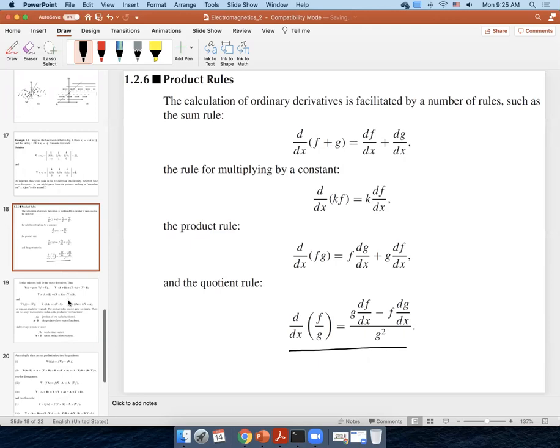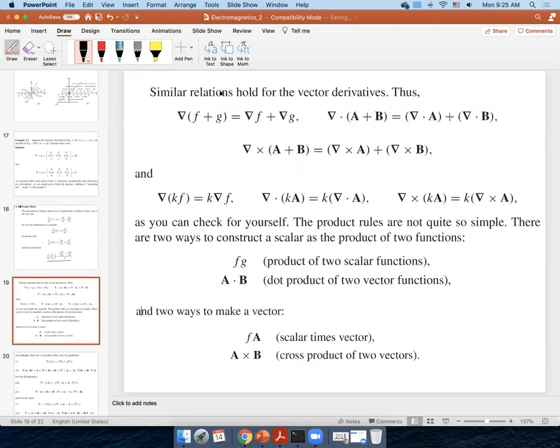So that's ordinary derivatives. Then we have similar operations for vector derivatives. First, the sum. If you have del (f plus g), it equals del f plus del g. Del dot (a plus b), where a and b are vector functions, equals del dot a plus del dot b.